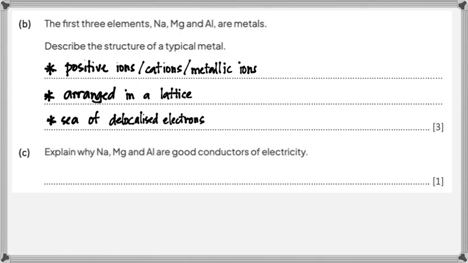For letter C, explain why sodium, magnesium, and aluminum are good conductors of electricity. So it's only 1 mark. It's a pretty simple question because sodium, magnesium, and aluminum are good conductors of electricity because they have mobile electrons.